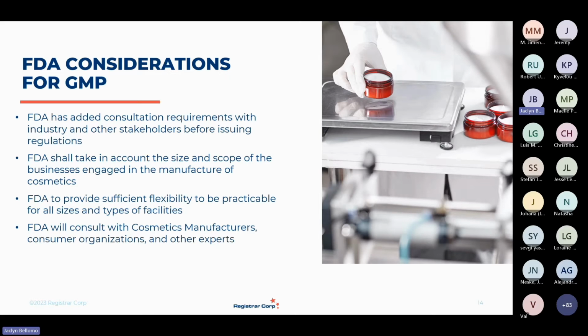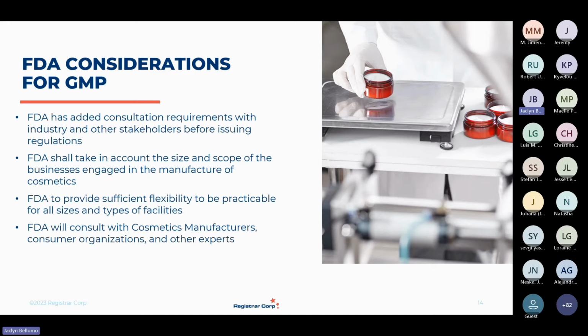MoCRA outlines that they want to take into account that size and scope and the businesses engaged, meaning that a larger facility and brand will have the ability, with finances and personnel, and even training, to adhere to GMP compliance more easily than a facility of a smaller scale with personnel that perform multiple roles within the company.